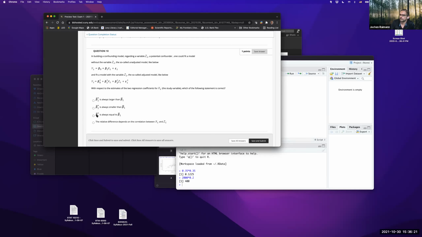Was it not? And beta, this is also clear, right? It really depends on the correlation and in which direction the correlation points. So you need to take into account in which direction these two actually correlate, and that will determine whether it's smaller or larger.